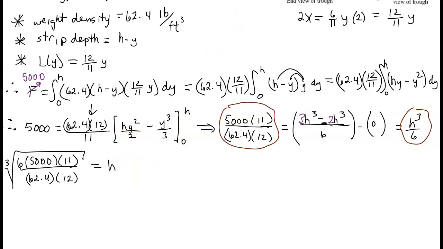Okay. All right, so when we do that, this will be cube root of, and everything that's under the radical there will be about 440.7051282.